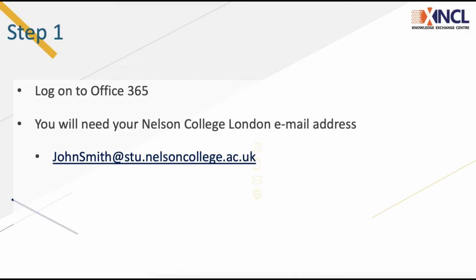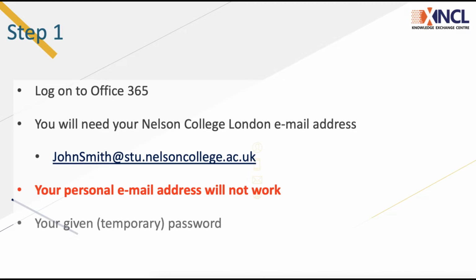I'm just using the example johnsmith@stu.nelsoncollege.ac.uk. You must use this email address, not your own personal email address, as that will not work. You're also going to need your temporary password, which you'll have been given when you've been given the college email address as well.